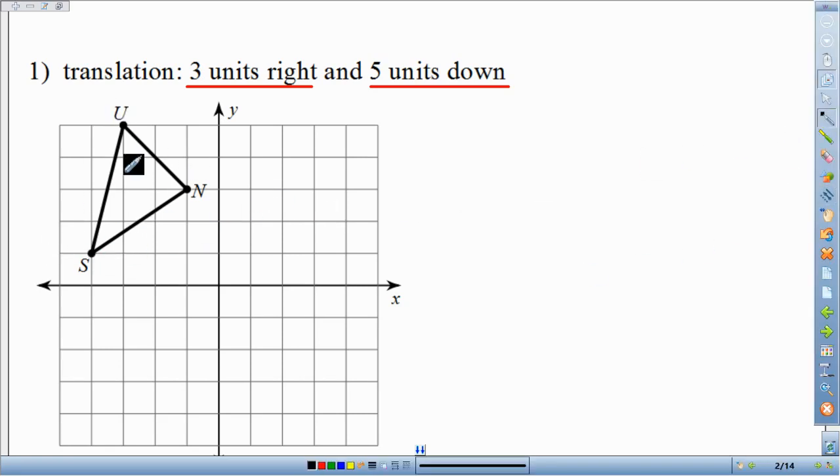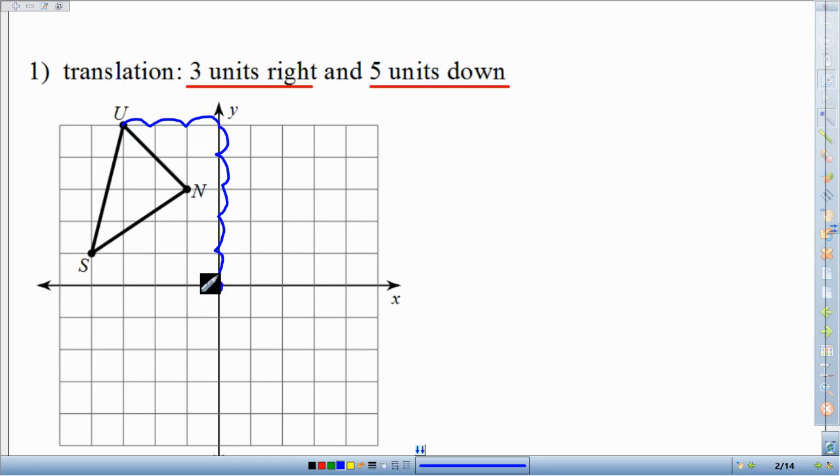It doesn't matter which one you start with, but I'm going to start with this one here. Let's move this 3 units right, 5 units down. If I'm starting here, 3 units right would look like this, 1, 2, 3. And then 5 units down would look like this, 1, 2, 3, 4, 5. So this is where my U value would land after my translation.